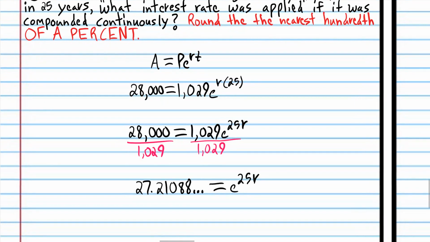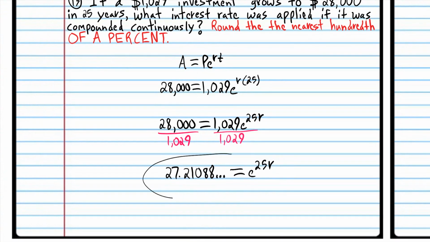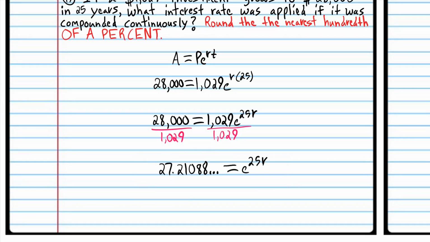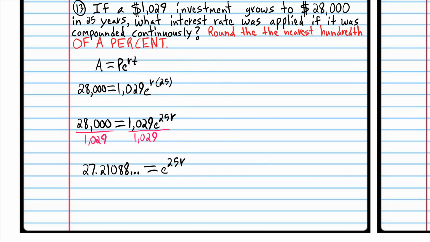So then at this point we're stuck, because we don't know how to solve this unless we know how to translate an exponential equation into a logarithmic equation. So remember, we have to use logarithm notation.